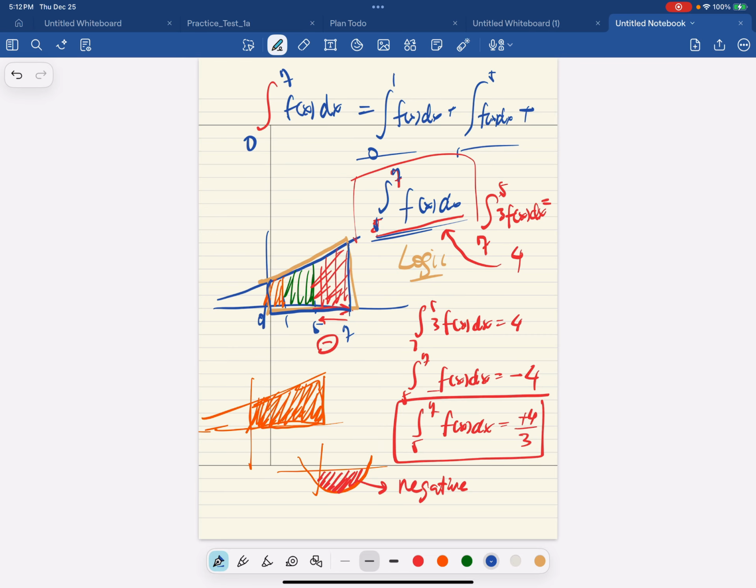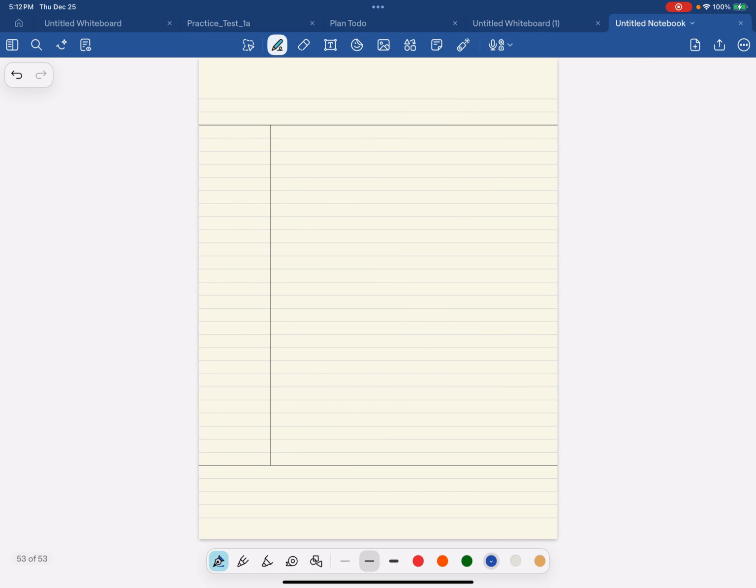Something else we need to know is to find the area in terms of shapes, in terms of geometry, in terms of, I should say, in terms of area. Just finding the integral in terms of area. And that's really obvious if it's like a really pointy, very geometric shape.